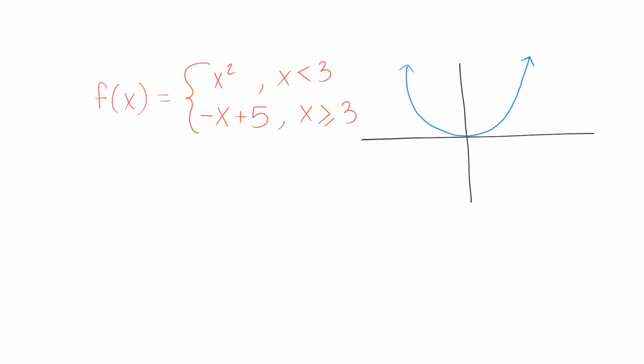And then we also know that negative x plus 5 is linear. It's got a negative slope, and it crosses the y-axis at 5. So it's going to come up here at 5, and it's going to be headed downhill like this. All right?